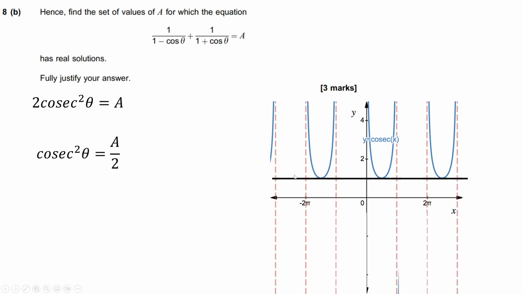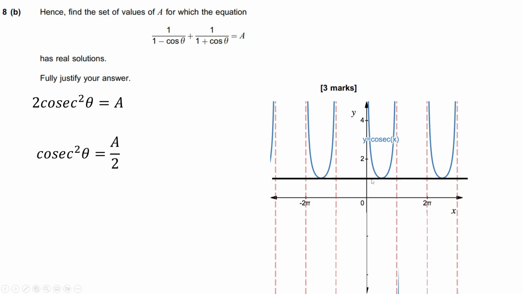But if we drew it just on this line here, that's when we're getting at least one solution. So as long as we're on this line or above, then there are going to be real solutions. Here is also perfectly fine. Now, cosec squared theta, this value here is just going to be 1.